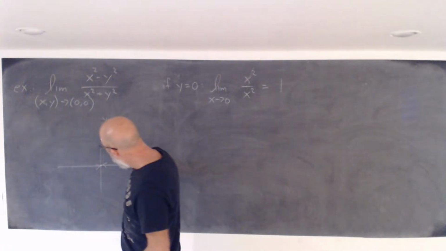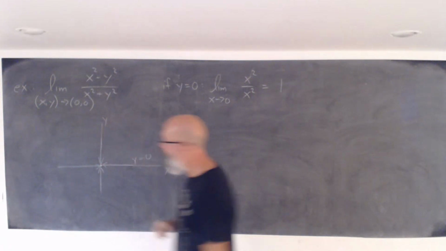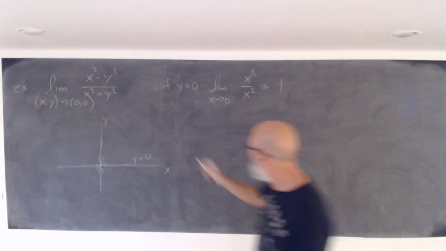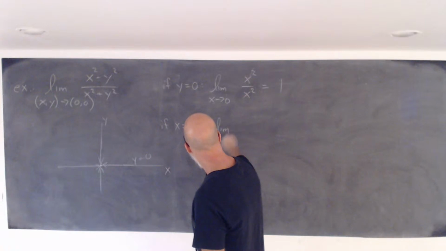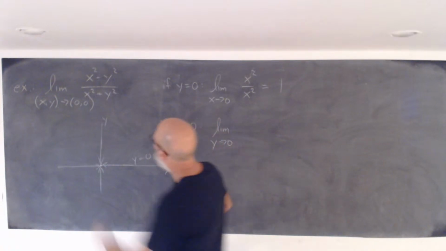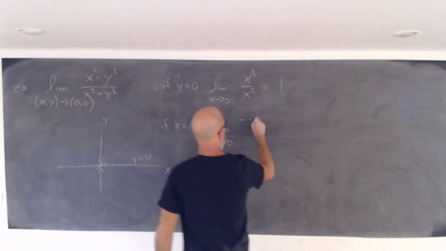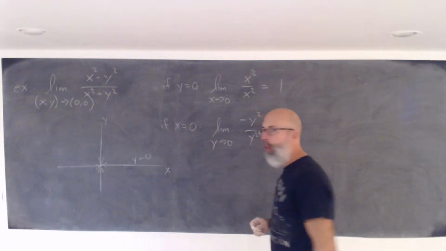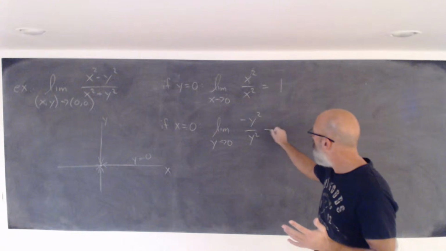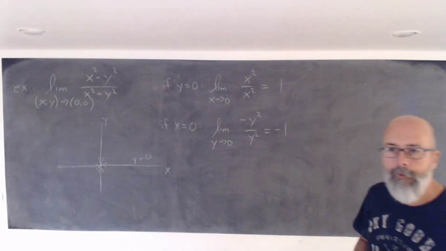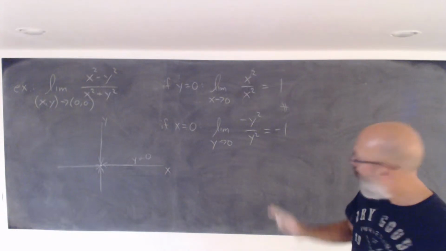Let's repeat and ask the question, what if we went to the origin on the y-axis? If x is 0, that's 0, that's 0, you've got a negative y squared over y squared, whose limit is negative 1. These are not the same, so the limit does not exist.